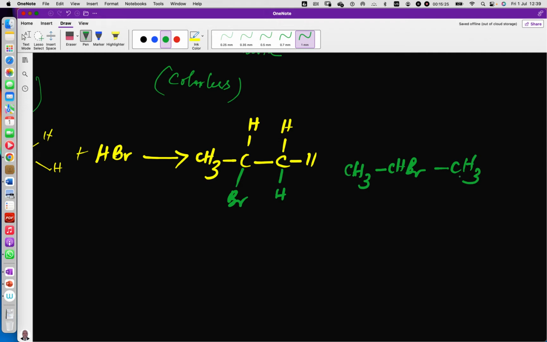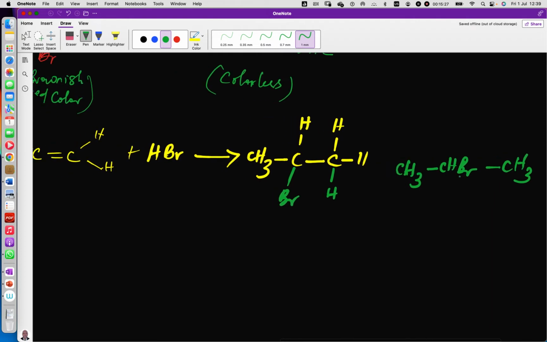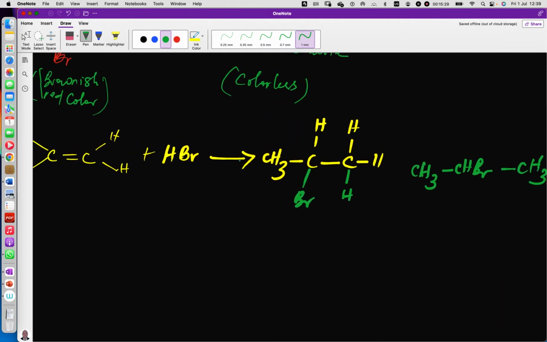We can call this compound 2-bromopropane.